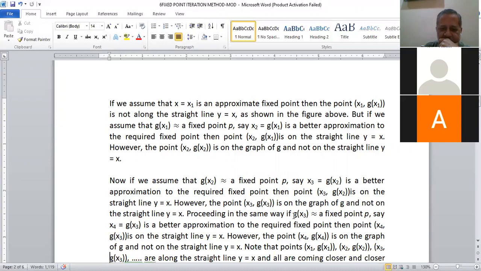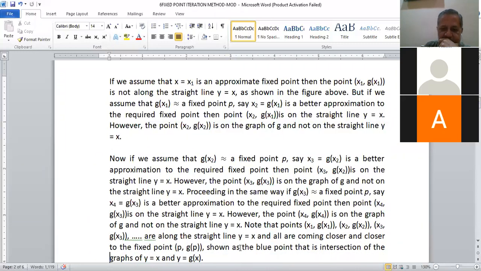Proceeding in the same way, if g(x3) is assumed to be a fixed point, say we assume g(x3) is equal to x4, a better approximation to the required fixed point, then point (x4, g(x3)) is on the straight line. However, (x4, g(x4)) is on the graph of g and not on the straight line.